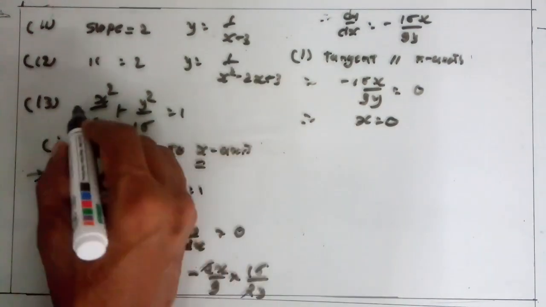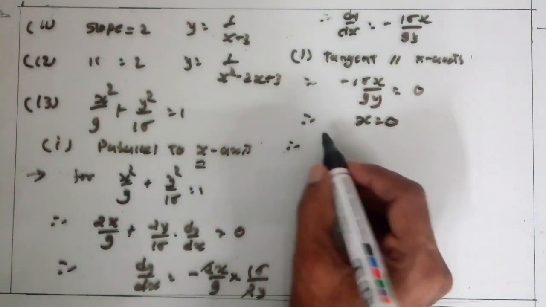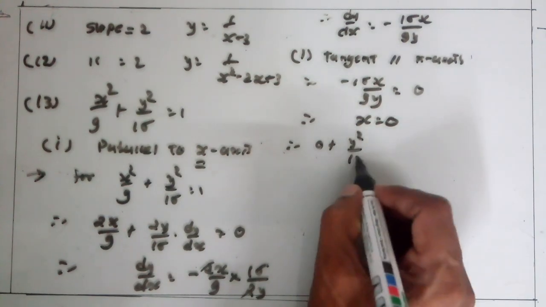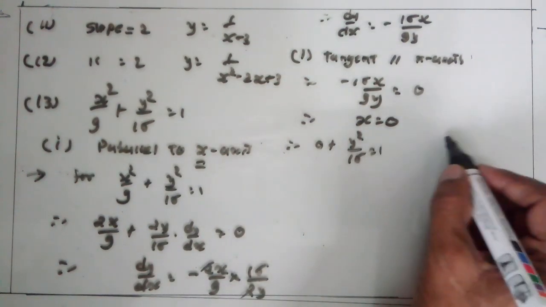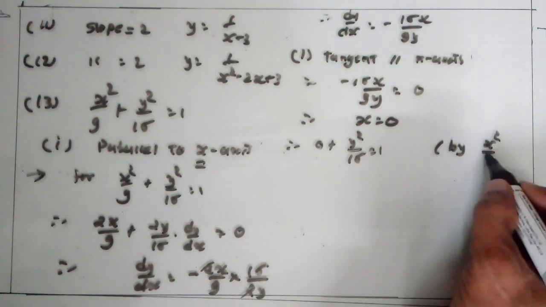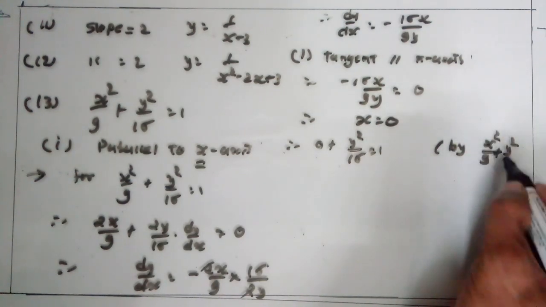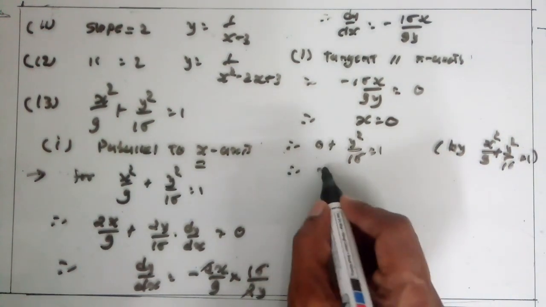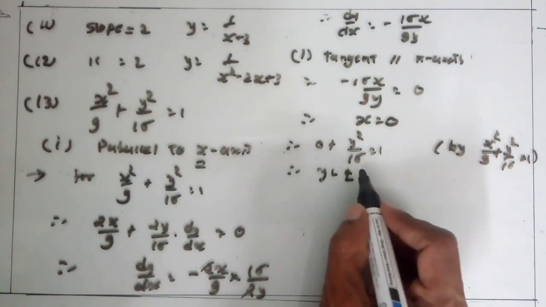Now x is equal to 0, put in x square upon 9 plus y square upon 16 is equal to 1. Therefore, 0 plus y square upon 16 is equal to 1. We get y is equal to plus or minus 4.